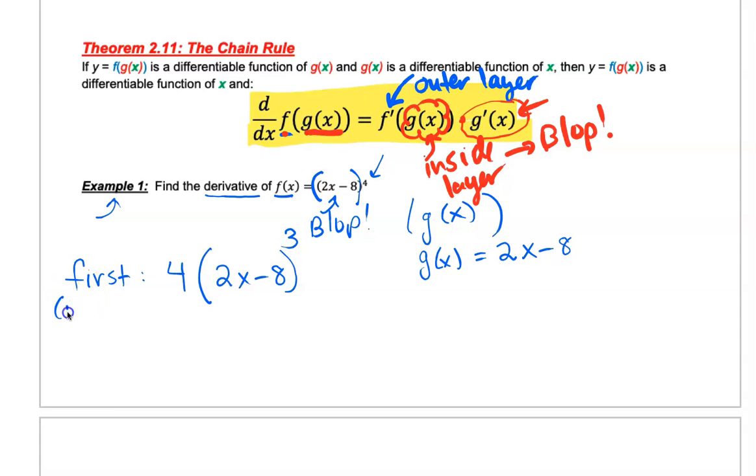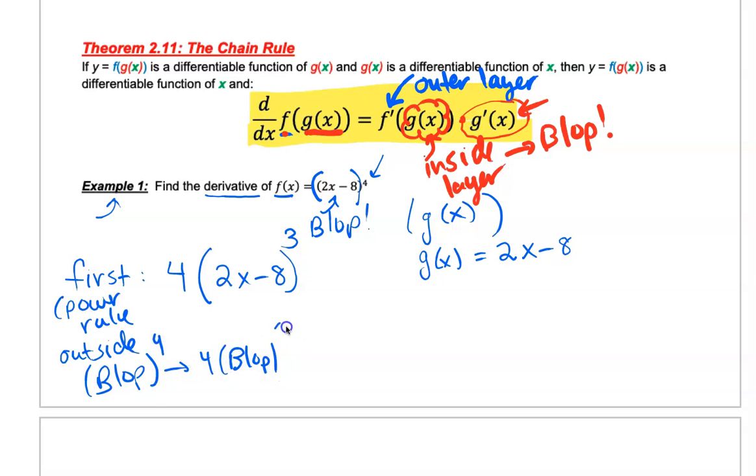So first I used the power rule for the outside function that was blop to the power of 4, and I got 4 times blop to the power of 3. So this is the f prime of g of x part. So I've taken the derivative of the outer function and I've kept the inside function inside.